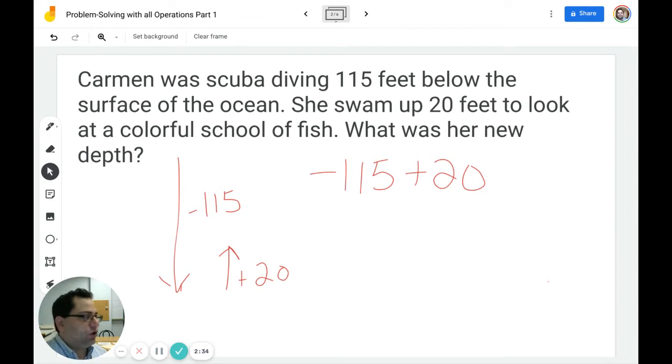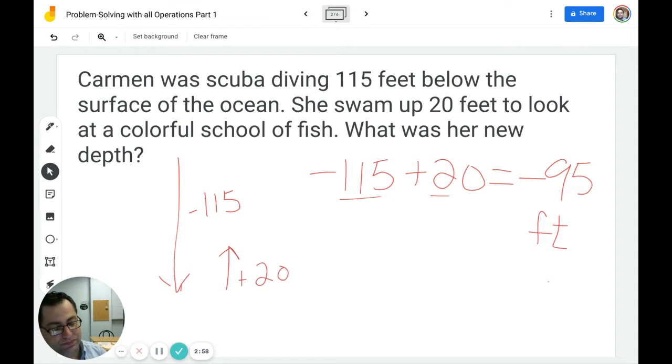And 115 is larger than 20, so I am going to have a negative answer. 115 minus 20 is as easy as 11 minus 2, which is 9. And then I have a 5 left over in my ones place. Negative 95 feet is the unit.